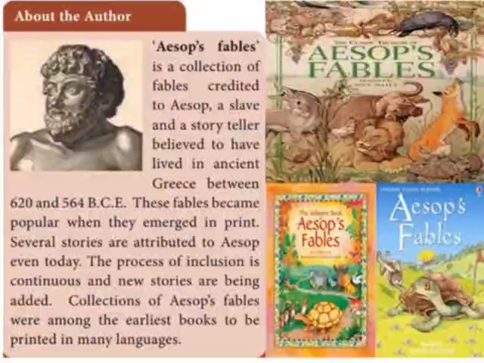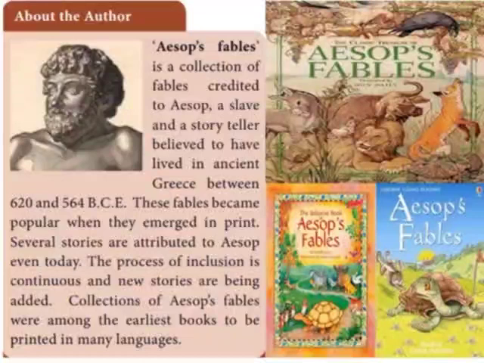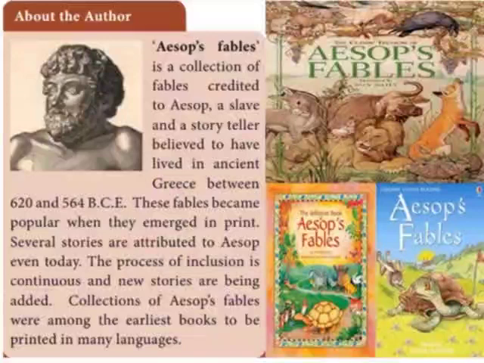Now who is this Aesop? Where did this word come from? Aesop's Fables is a collection of fables credited to Aesop. You can see the picture of Aesop. He was a slave and a storyteller, and all these fables are attributed to Aesop.